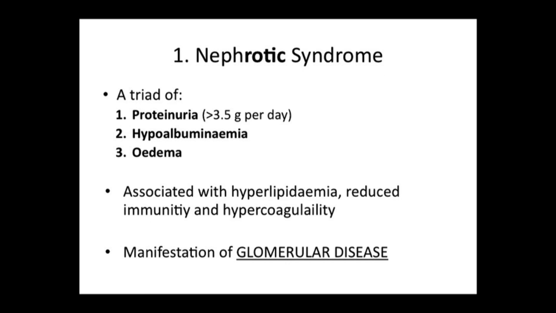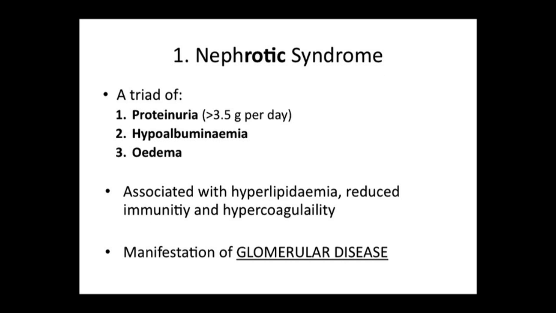So the big problem here is that, remember what I said before, when you have glomerulonephritis, you leak blood or protein. In nephrotic syndrome, the key thing you lose is protein. If you lose protein, then you get a low level of albumin in the blood. One just follows the other because albumin is the key blood protein.